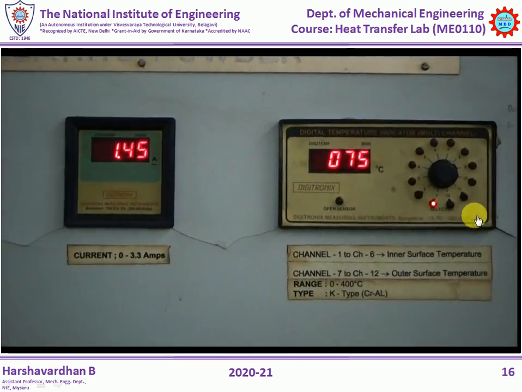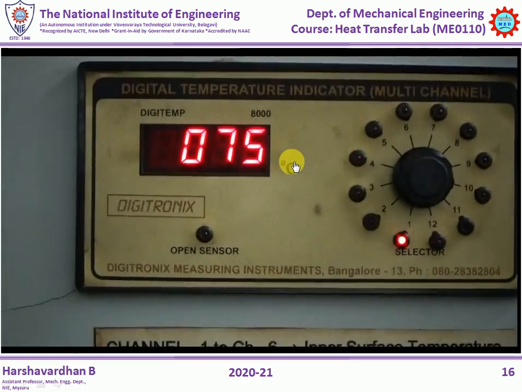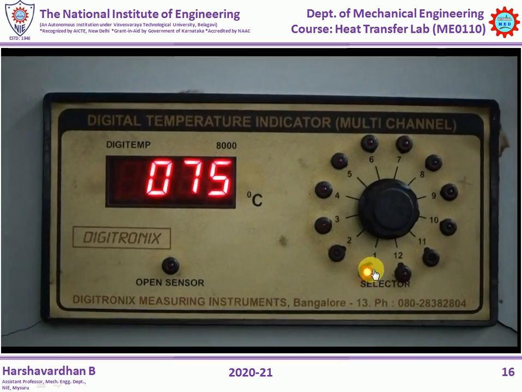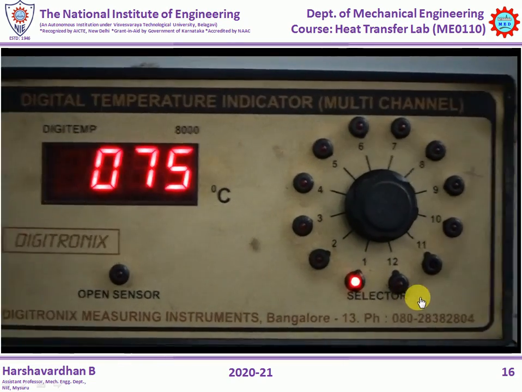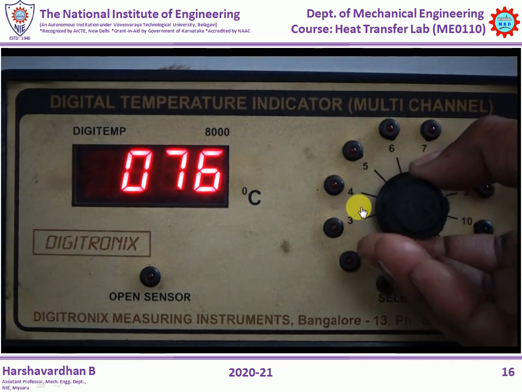So the T1 temperature is 75 degrees centigrade when the system attained the steady state. Now we can go for noting the remaining thermocouple readings by turning this temperature indicator knob.